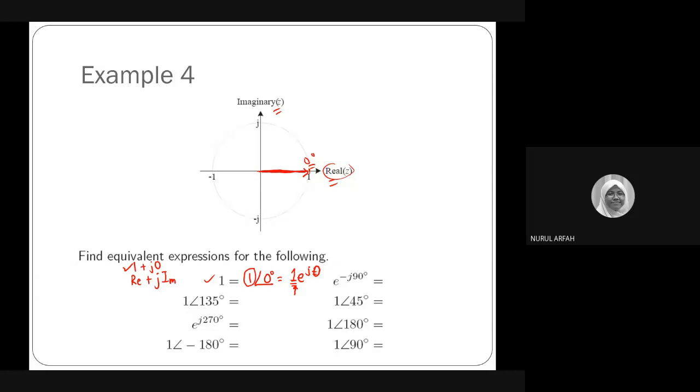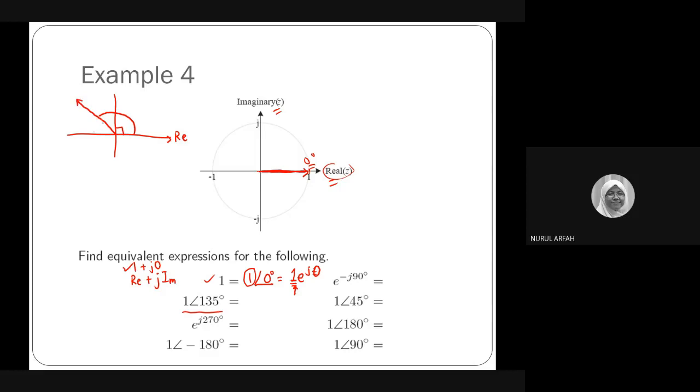Okay, I give you the second one: 1 with 135 degree. How do you draw this on the plane? Starting from here, the real axis, and you know that this is 90 degree, right? And up until 135. So 90 plus something will be equal to 135.